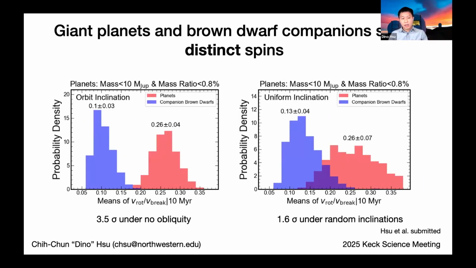What we found is that when we assume their orbits are aligned, meaning the components' inclinations align with the orbits, they show more than 3 sigma significance between the giant planets and brown dwarf companions. When we assume random inclination, this significance is lower, at 1.6 sigma. But these are definitely showing distinct populations, even by looking at the posteriors of the mean distribution.